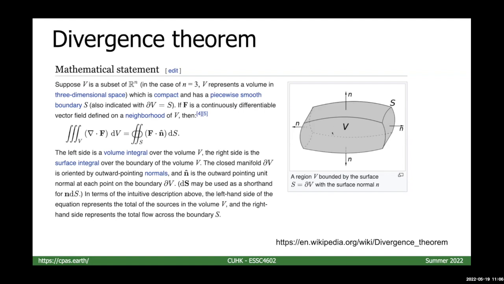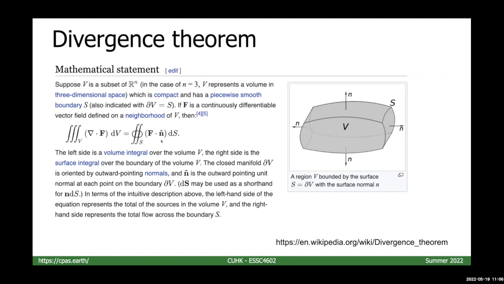Air is compressible, or in the model we allow air to go in and out of this finite volume. So what is the total amount of air going out of this finite volume? This is called the flux going out of this finite volume. And in mathematical notation, you will see something like this, a surface integral of something.